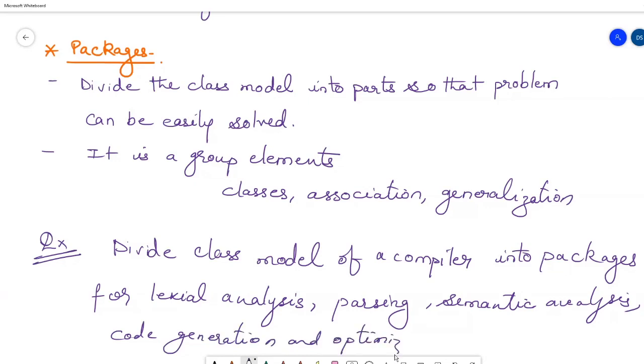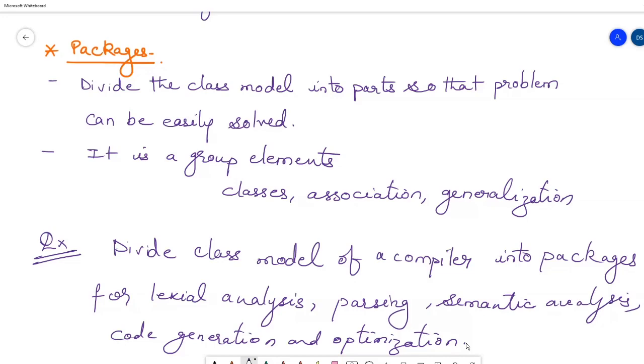When we divide it into certain packages, this helps us analyze each package individually. What are the classes, how the association takes place, what the generalization is, so we can understand the whole model thoroughly, and whatever problem has occurred can be removed easily.